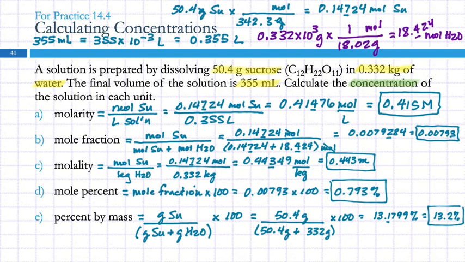About the only thing I can think of is that if you had a fairly concentrated solution, then the mass of the solution would be significantly larger than the mass of just the water. And so then that would cause the molality to be significantly different than the molarity. So by using the mass of the solvent, those numbers stay closer to each other. That's the only thing I can come up with right now.